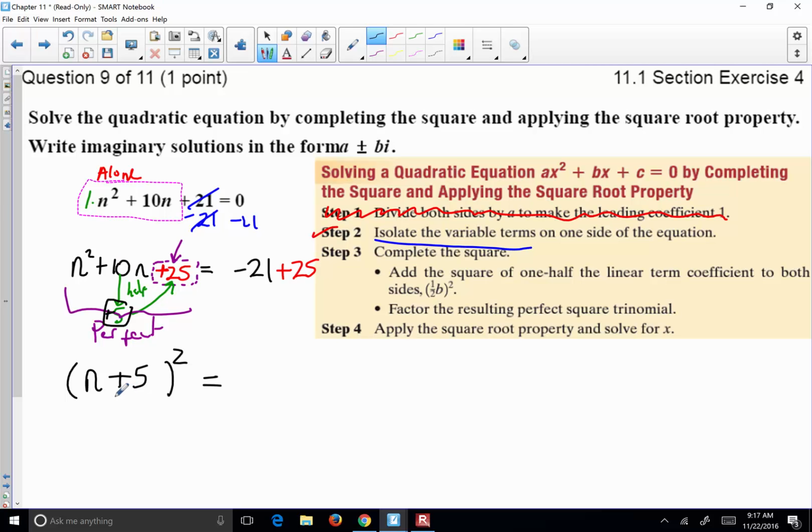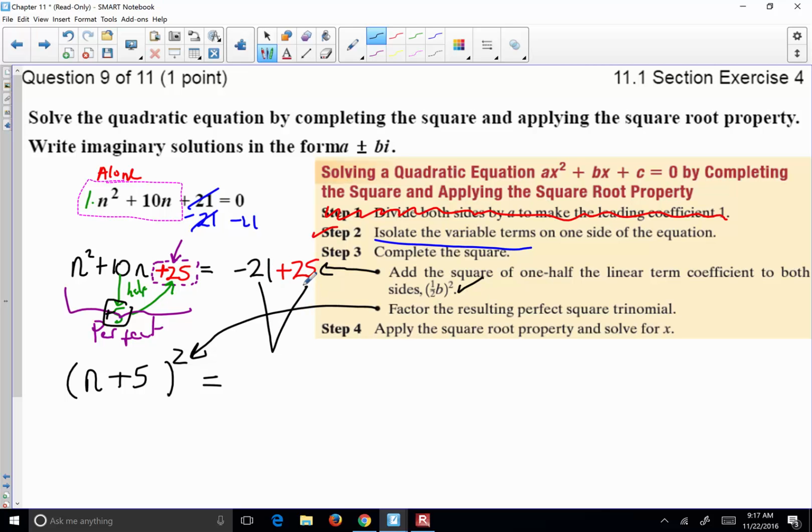Does it make sense? Is that step 4? I'm still in step 3. Step 3 has several sub-steps. I did this here. This one was here. Now I'm factoring this trinomial into a square.